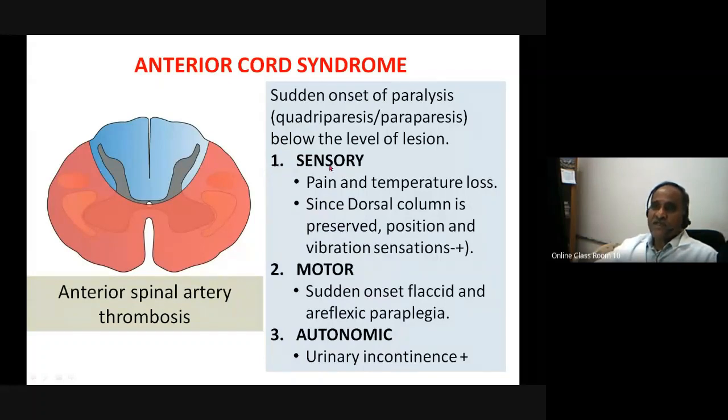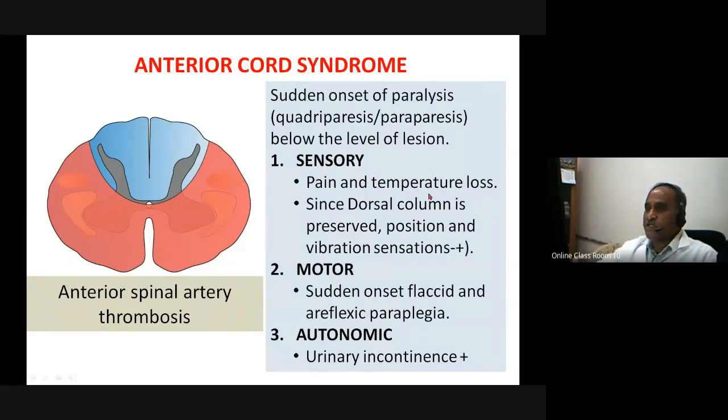So one, there is a sensory loss. Number 2, motor changes, then autonomic. Let us see what the sensory changes are. You look here, what is happening. This part is cut. So bilaterally, on both sides, the fiber tracts carrying pain and temperature are cut.